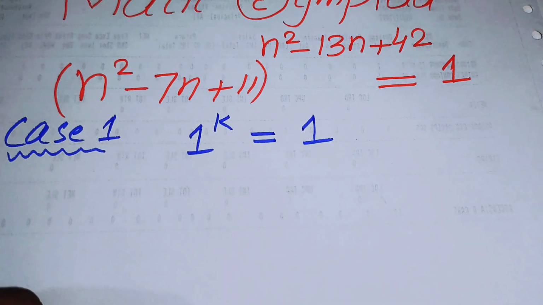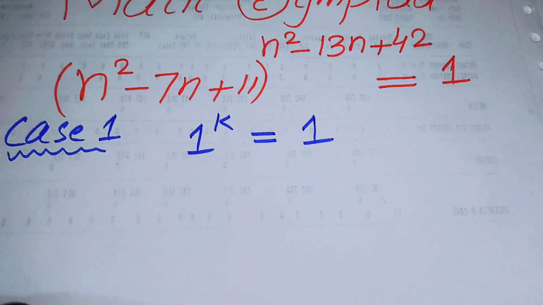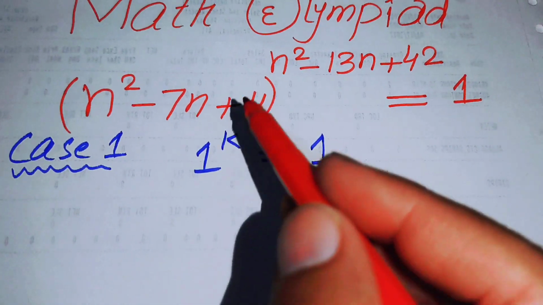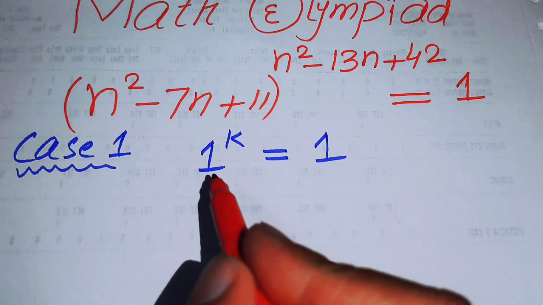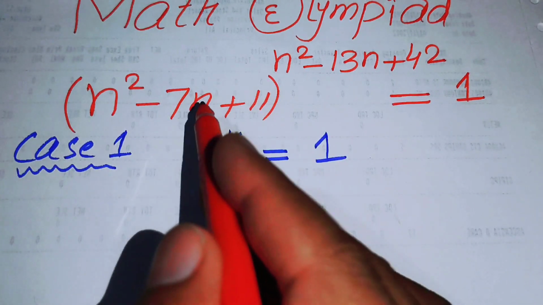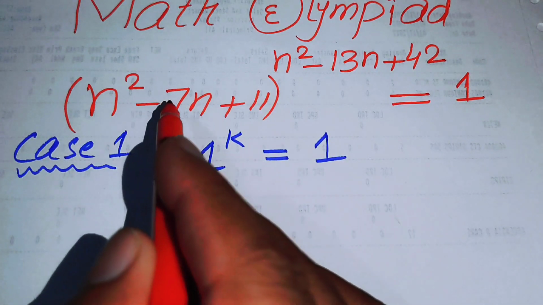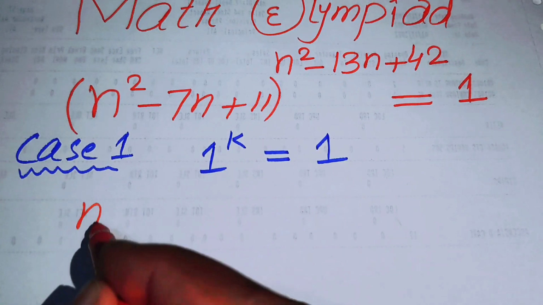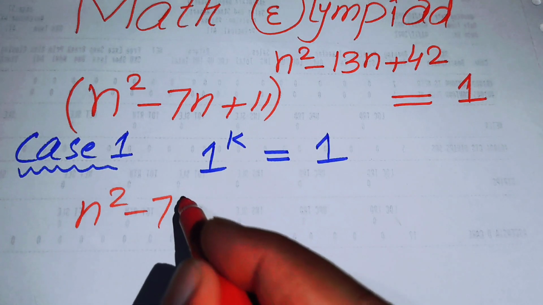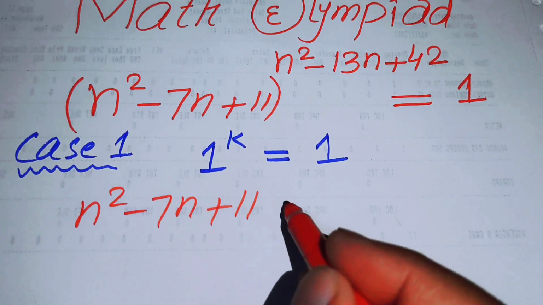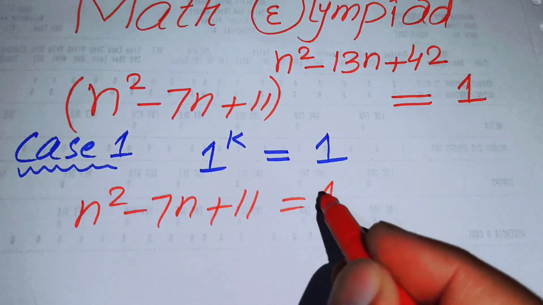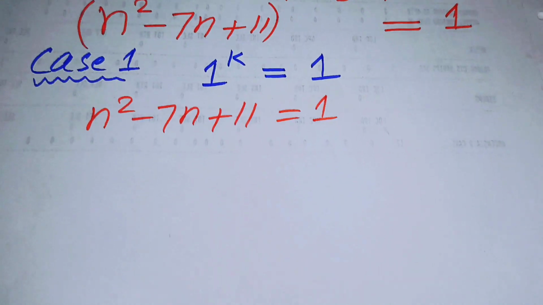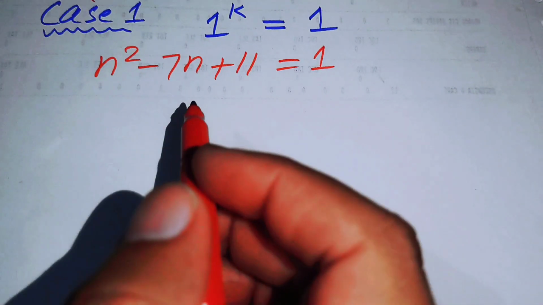Now we will compare this case with the equation. Here the base of this is 1 and the base of our given question is n squared minus 7n plus 11. So we can equate these bases and you will get n squared minus 7n plus 11 is equal to 1. Now we can find the values of n by making the factors.